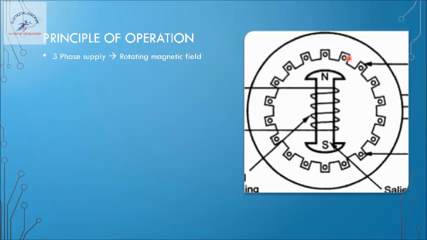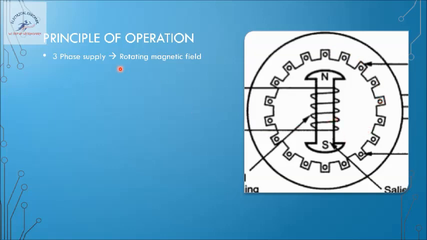So there will be a particular set of windings for the red phase, a particular set of windings for the yellow phase, and a particular set for the blue phase. So R, Y, B. Depending on the direction of winding, the magnetic field will be strong at one point and weaker at other points, and as the sinusoidal three phase wave moves, the strength of the magnetic field will be different at different points and the stronger point will keep on moving.